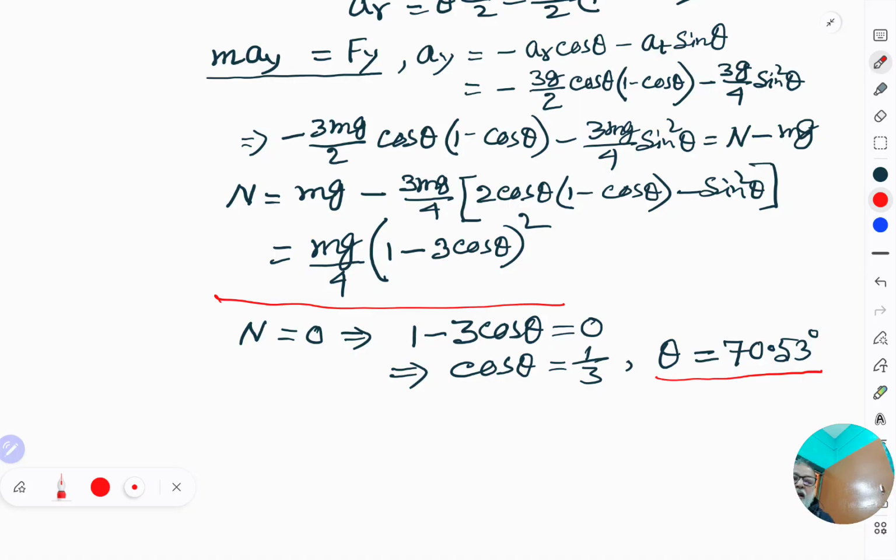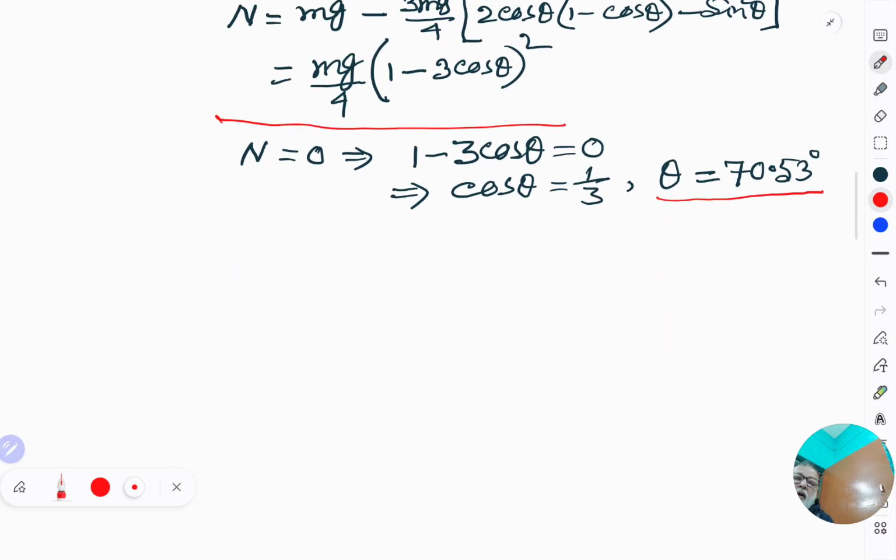Now, if the normal reaction vanishes, obviously friction force will also vanish. But the center of mass is accelerating. You can check at this value of theta, the center of mass has a horizontal acceleration. And therefore, the rod must slip at this value of theta 70.53.